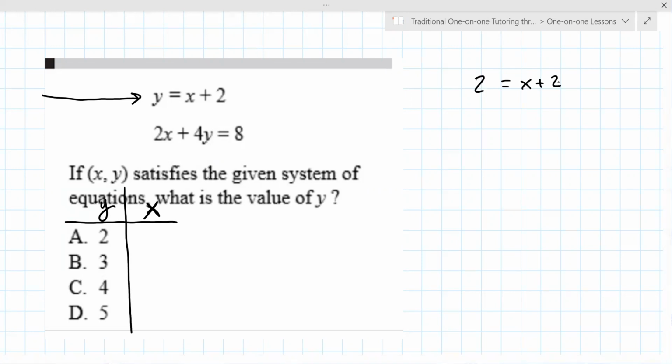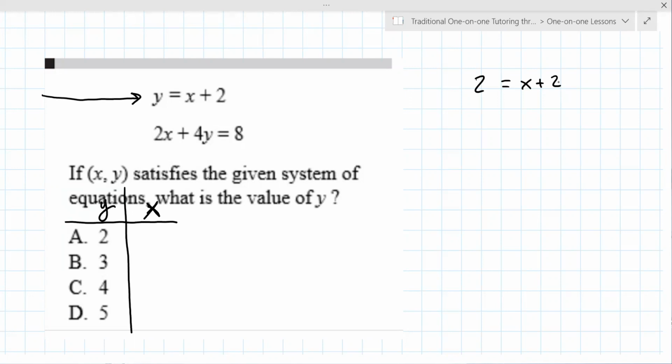The value of x. First up, you're solving for x, right? Yes, we're solving for x. So first up you have to subtract both sides by 2.